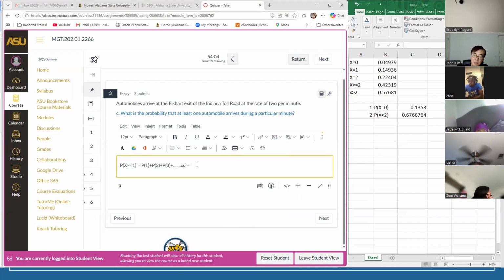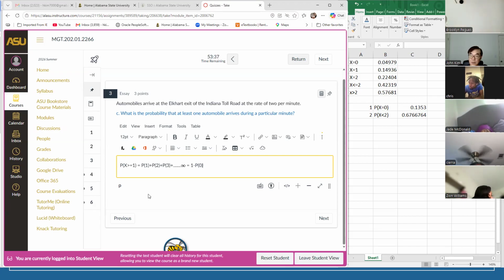So it is the same as 1 minus p0. 1 minus p0. So 0, 1, 2, 3, 4, 5, infinite. So adding this. I don't see the infinite.